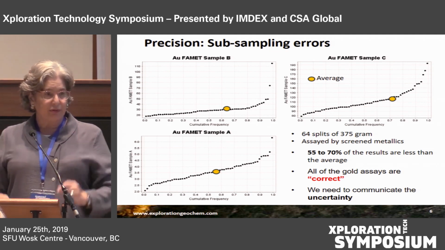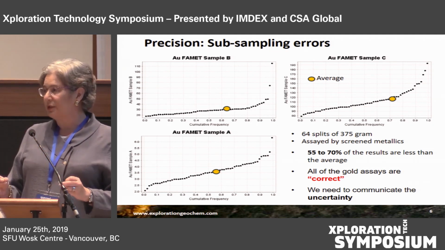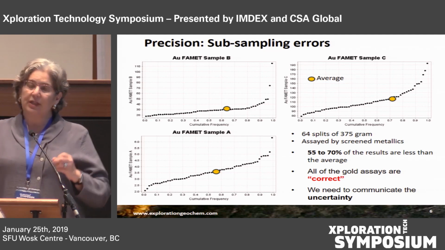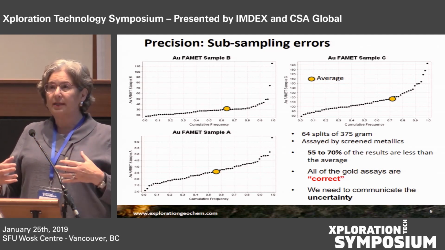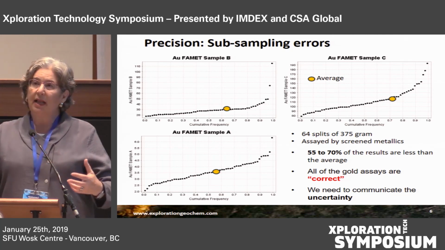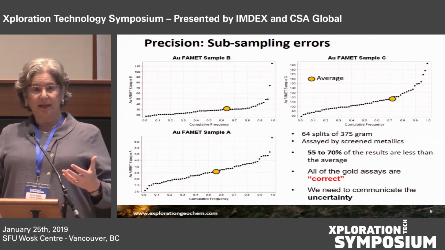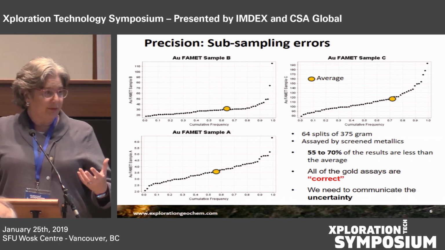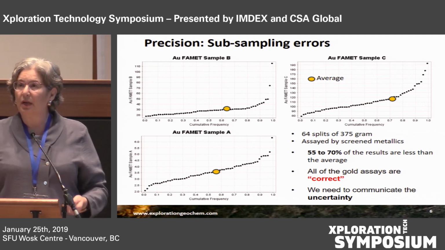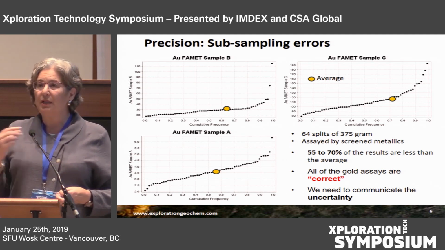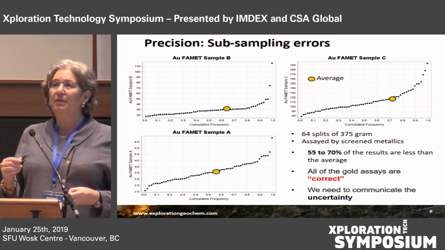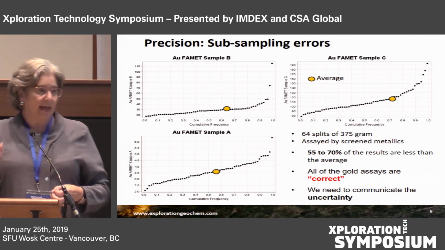This is really and truly the kind of distribution we can get for a single sample. And what we try to do when we're talking to somebody about precision is communicate what the risk factor is when I give you a number of 5 grams per ton, and I'm trying to tell you that, in fact, that number could be anywhere from 2 to 10.